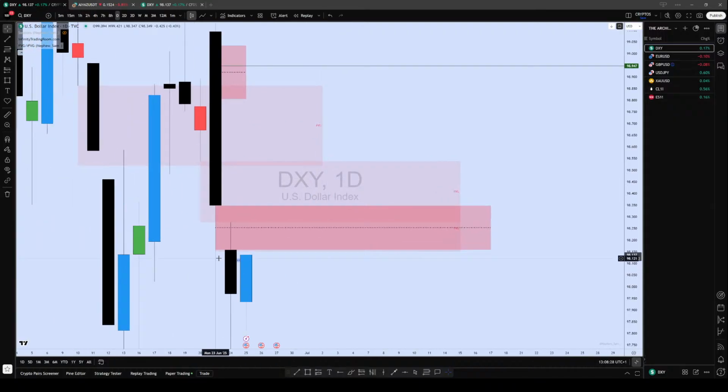They are now almost going to touch the lower portion of the volume imbalance. Now once they touch it, I'm expecting price to give us a reaction.